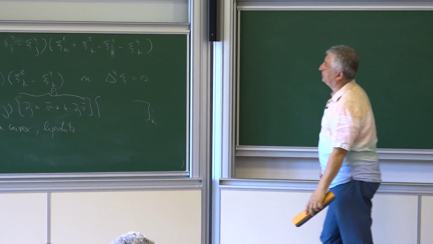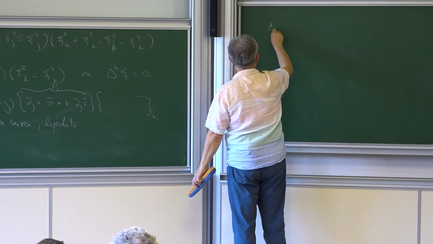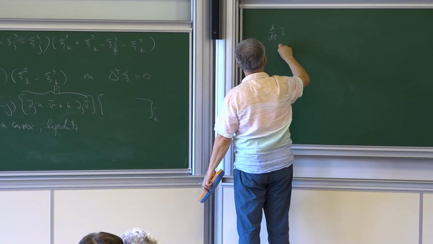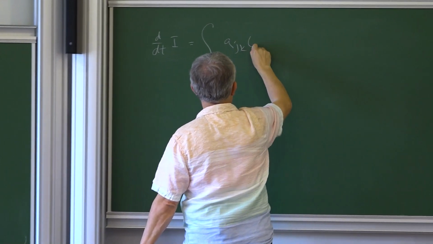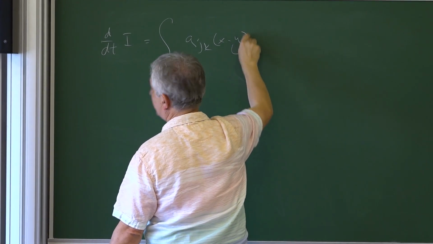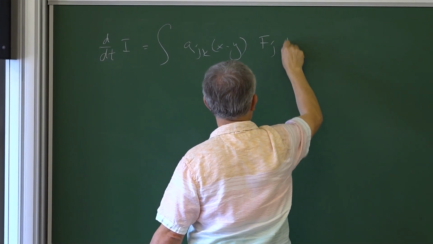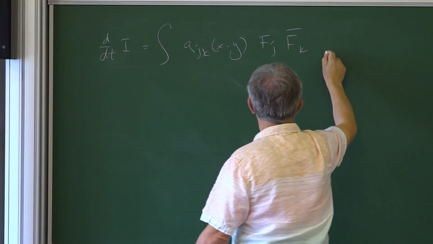Then what you end up getting is something like d dt of I is equal to the integral of ajk of x minus y fj fk bar dx dy.